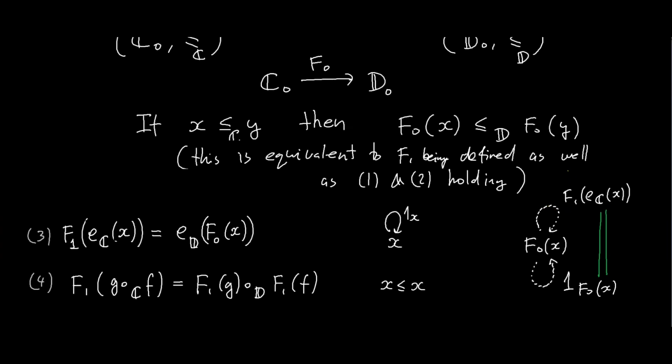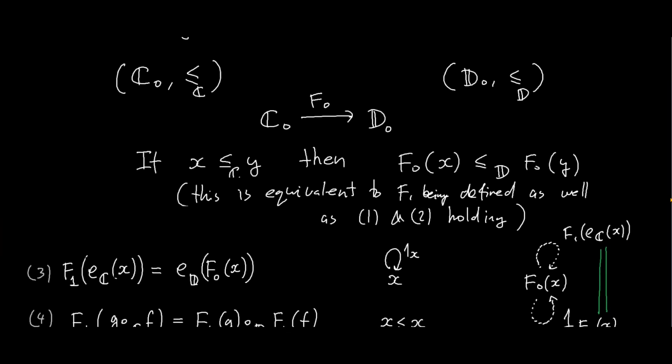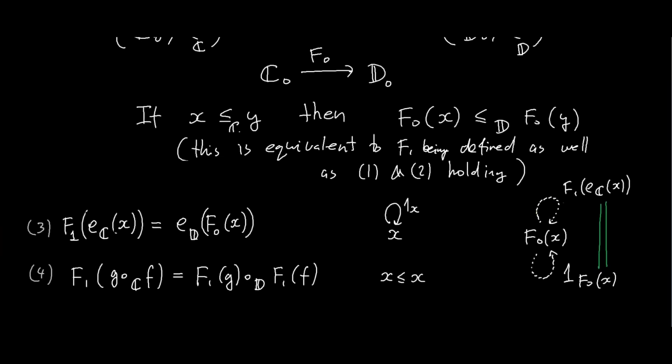And also, Soshan wrote the same thing on chat. Thank you very much. So just as before, there is always at most one arrow between an object and another object, and so there must be at most one looping arrow. And now we've got two candidates, therefore they must be the same. So in other words, this axiom holds for free.